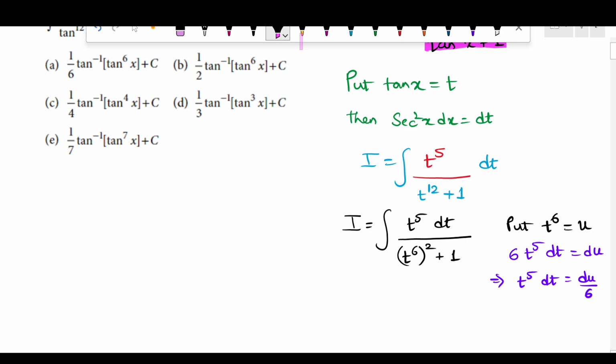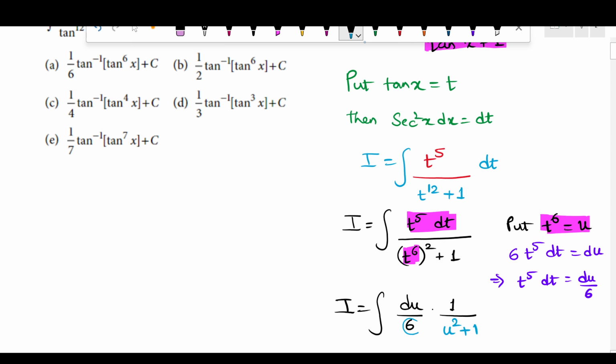So this t to the power 5 dt becomes du by 6, and t to the power 6 is u. Put it here. This will be u square plus 1.